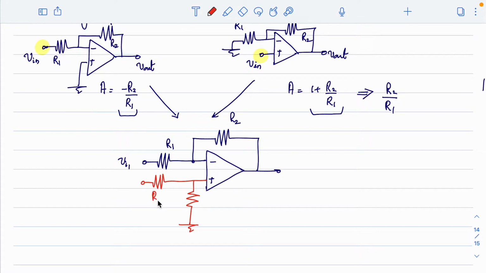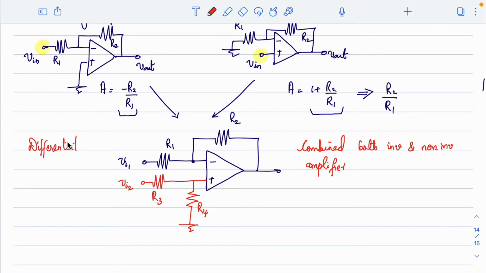Let me mark these as R3 and R4, and we'll give the signal here as Vi2. So what we did here is we combined both the inverting and non-inverting amplifier to get this difference amplifier, or differential amplifier. So this is identified as a differential amplifier circuit.